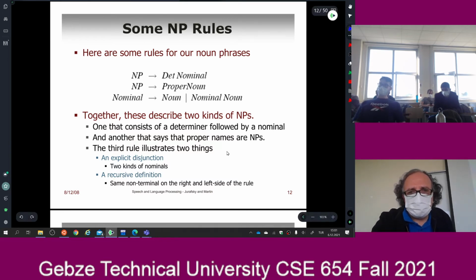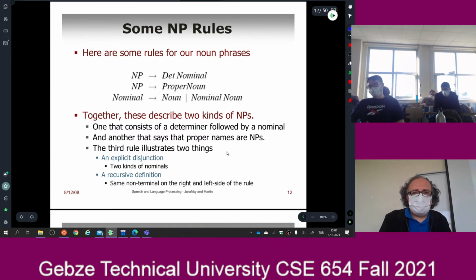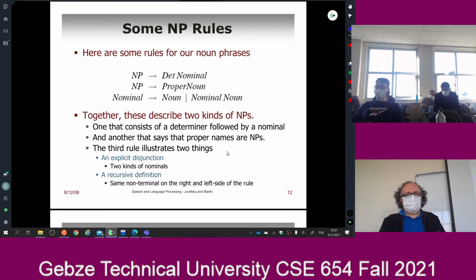So noun phrases could be determinate nominal, or it could be proper noun, or it could be noun, or nominals could be noun or nominal noun. Okay, so that's one set of rules to define the noun phrase constituency structures.